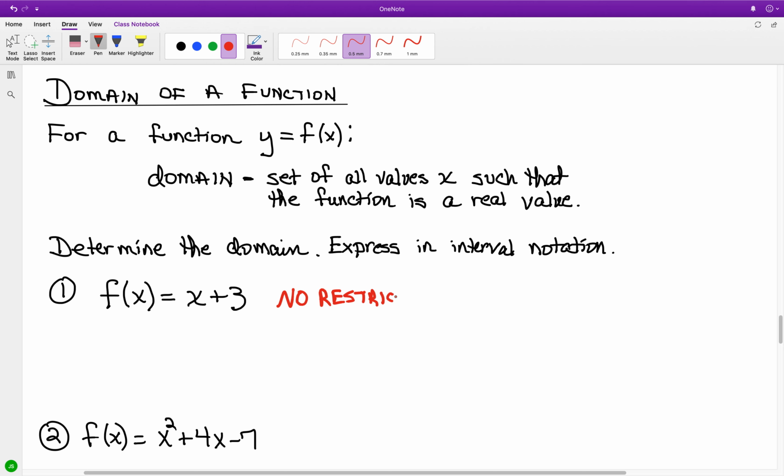If the function has no restrictions, then for the domain, you're going to have the set of all real numbers. If you have no restrictions, you have all real numbers.